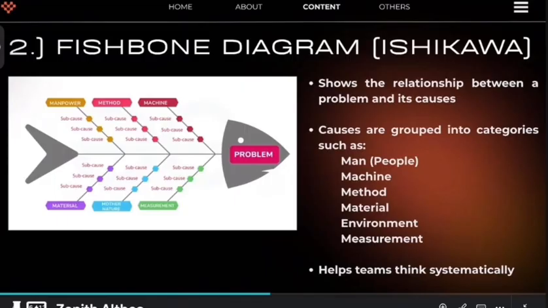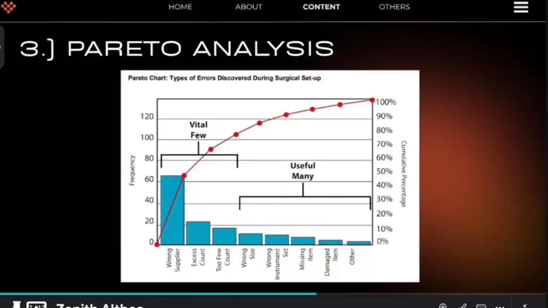Another tool used in RCA is the Pareto analysis. For example, a company records customer complaints and finds out that out of 100 customer complaints, 70 are about late delivery, 20 are about damaged product, and 10 are about wrong items.